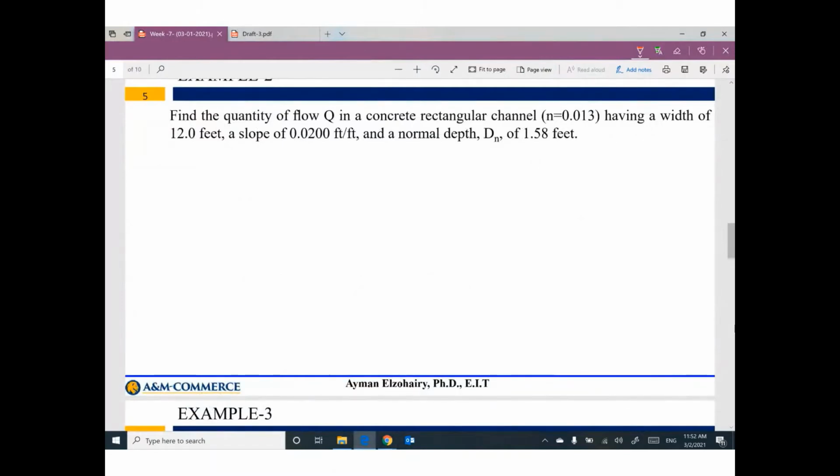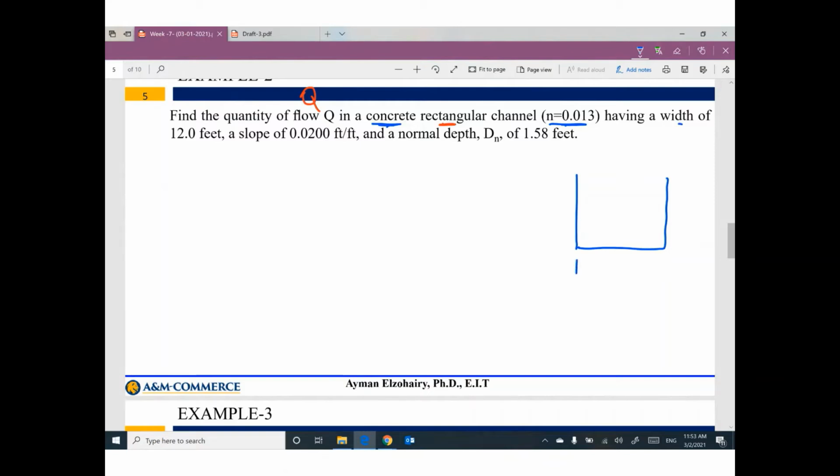Find the quantity of flow. What is the value of discharge? If we have a concrete rectangular channel, made from concrete, here is the channel. With Manning coefficient, because it's concrete, equal 0.013.